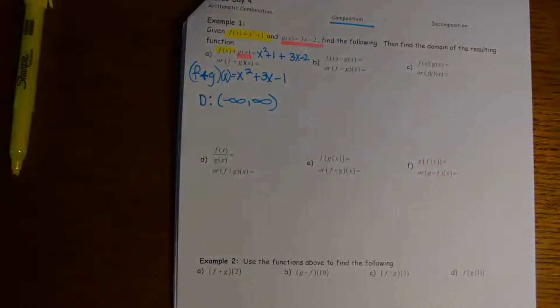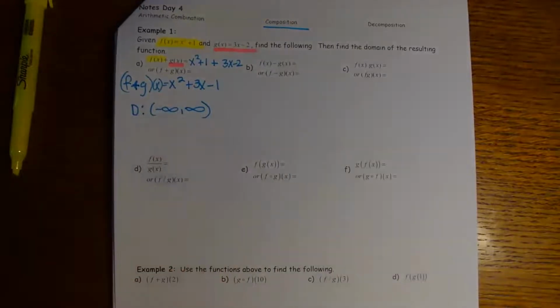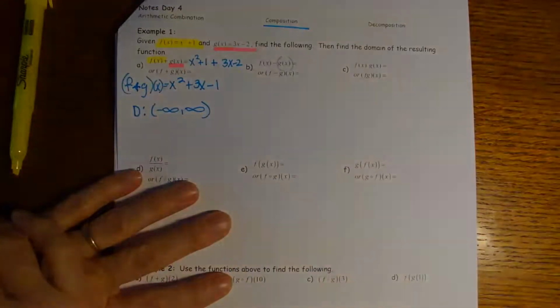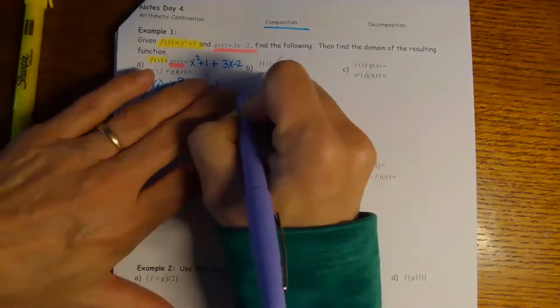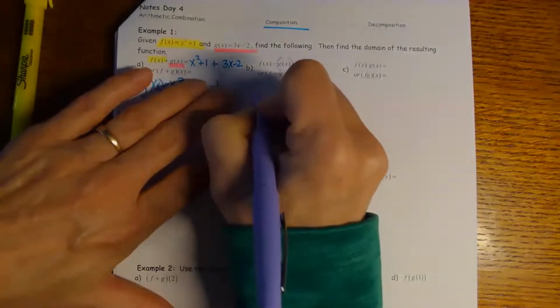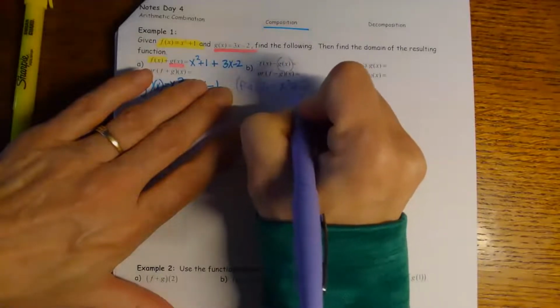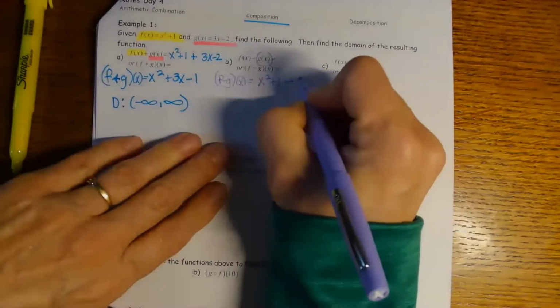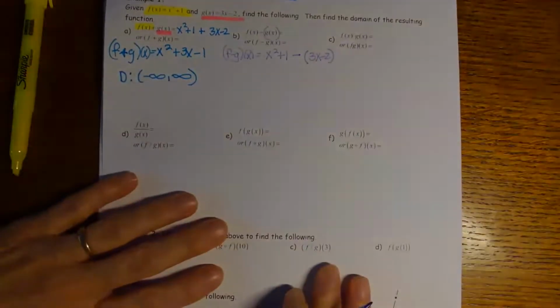Okay, so f minus g of x. Now this minus, you need to make sure that you do what? Put parentheses around what you're subtracting. So I'm going to say f minus g of x equals f minus, anytime you write a minus and you have stuff following, right?